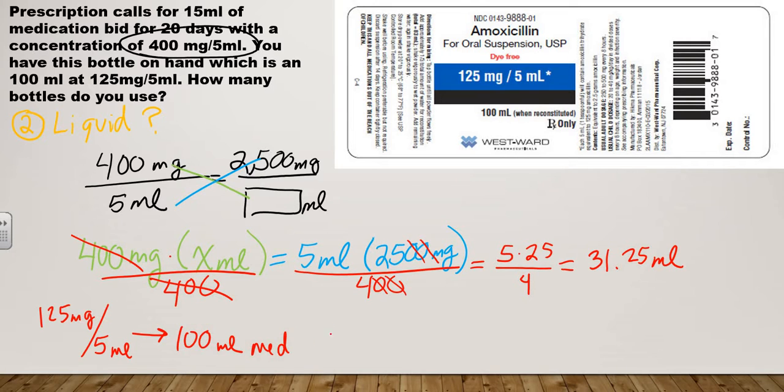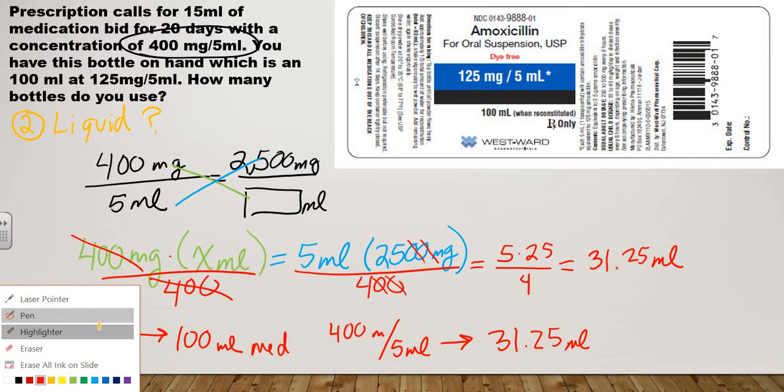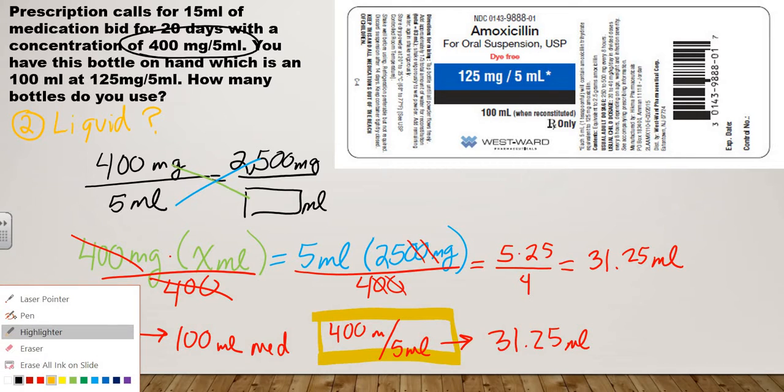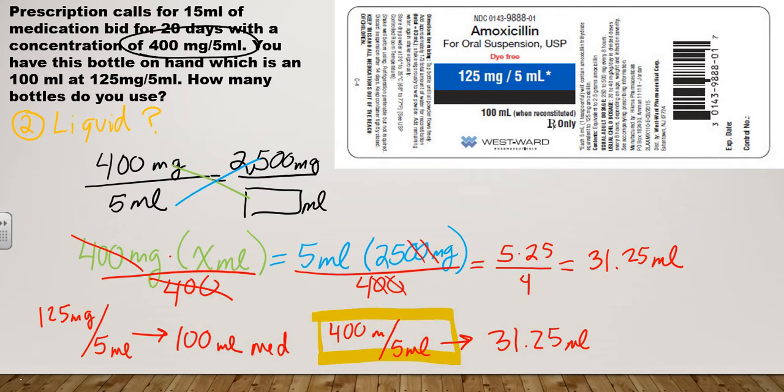If we increase the concentration to 400 milligrams to 5 milliliters, we're only going to get 31.25 milliliters of medication. Now that makes sense because this is a higher concentration. And the higher the stuff you have, the lower the liquid you're going to get.